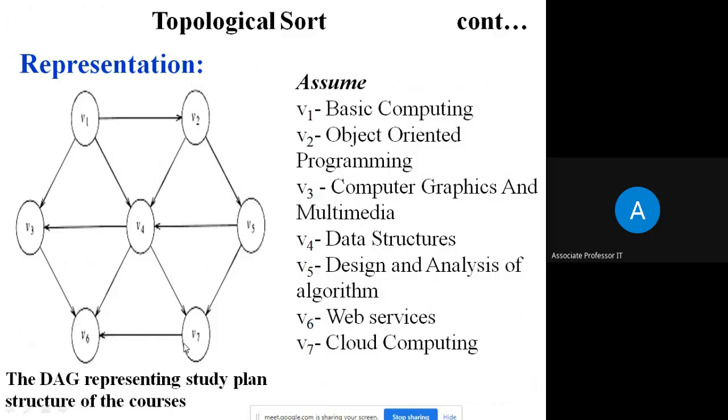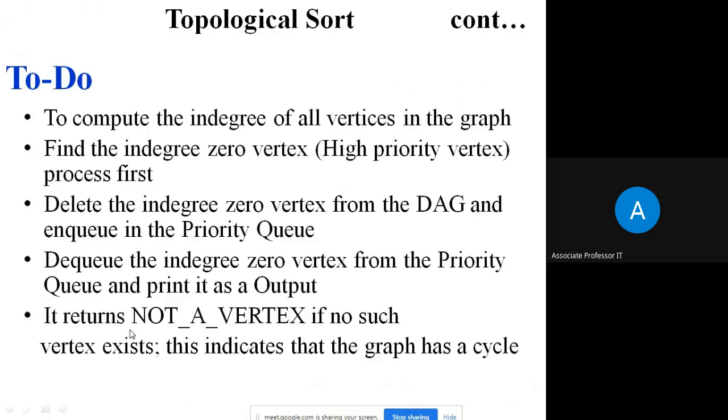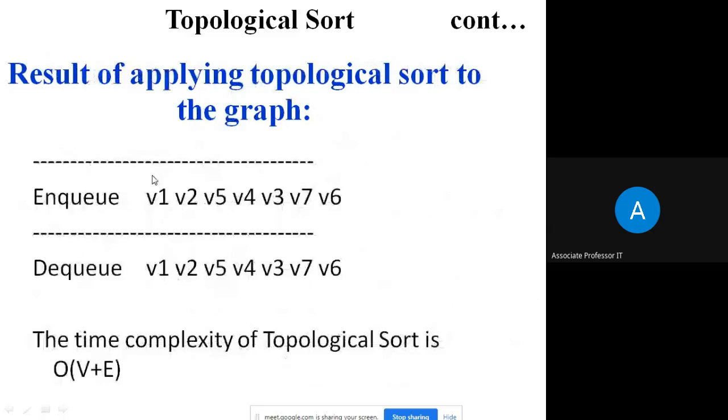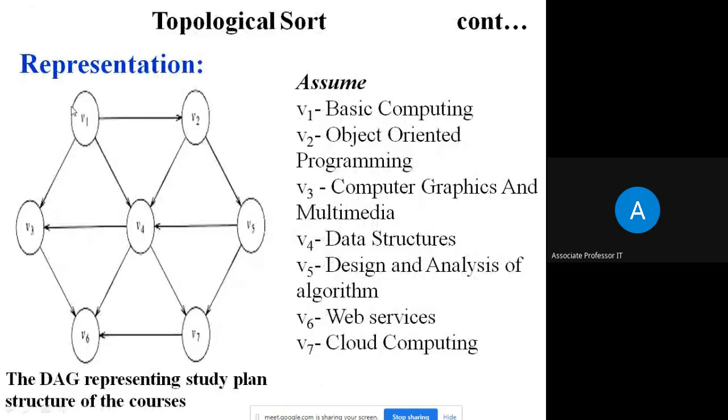Then V7 is enqueued in the priority queue. Then V6. So finally we get the output: V1, V2, V5, V4, V3, V7, V6. First V1 is deleted from the graph and enqueued in the priority queue, then V2, then V5, then V4, then V3, then V7, and finally V6.